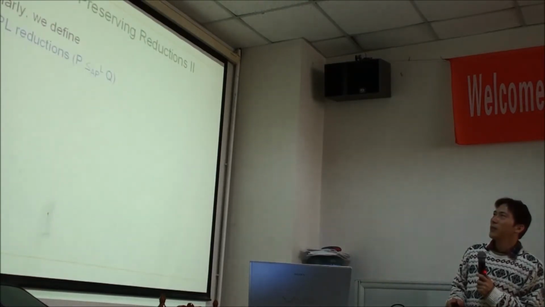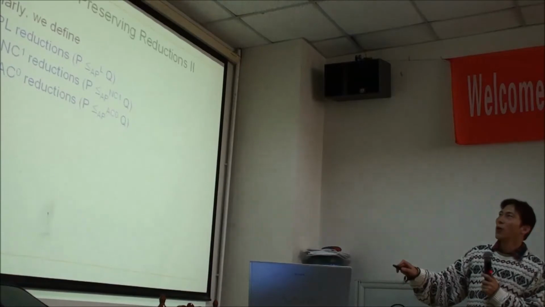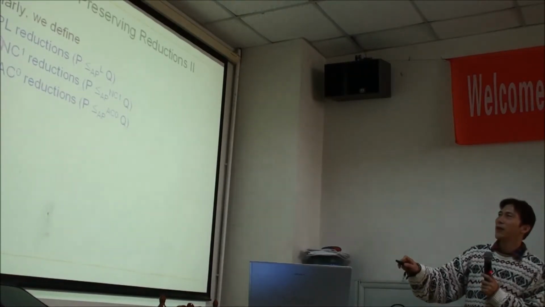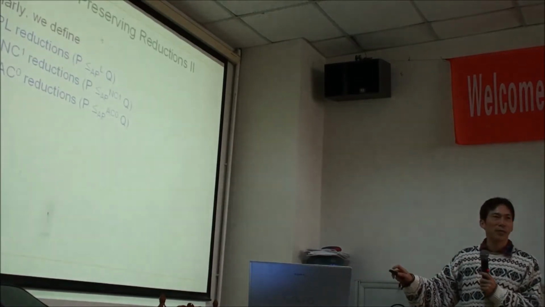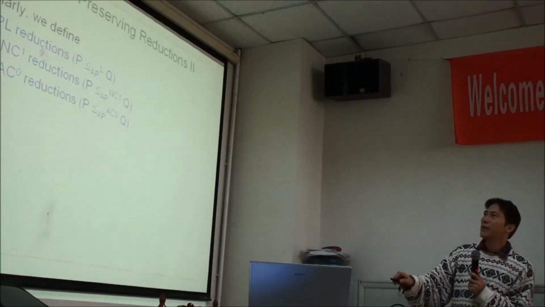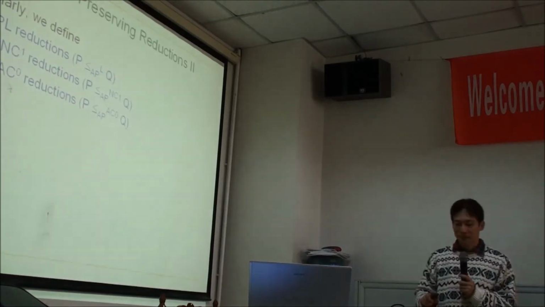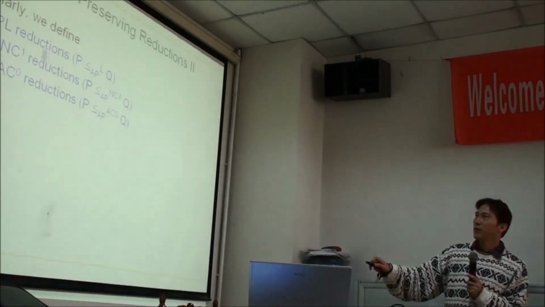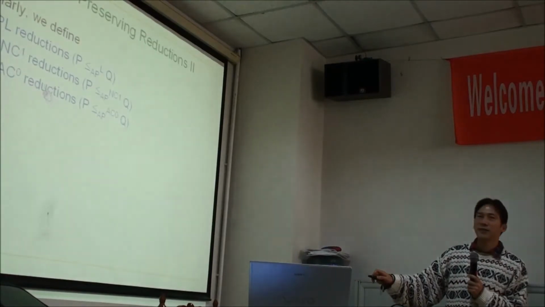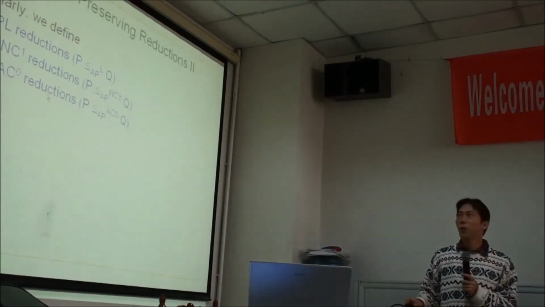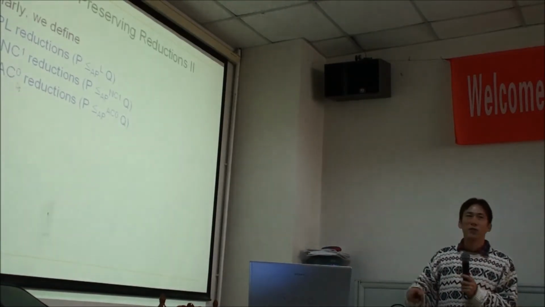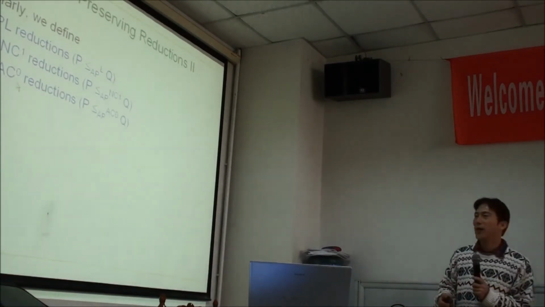Similarly, we can define the logarithmic space approximation preserving reduction. We use capital L instead of capital P to represent the log space computation. We can also define APNC1 and APAC0 in the same way. As you go down, the reduction gets really weak. You only use an AC0 circuit to make this reduction satisfied.